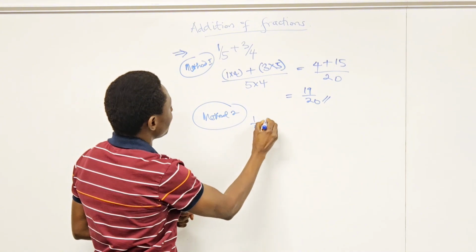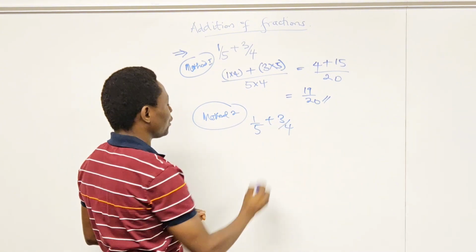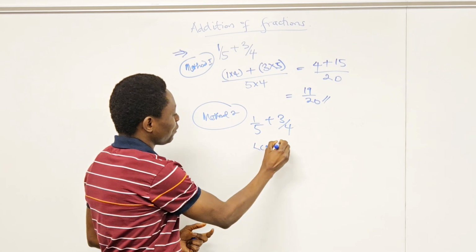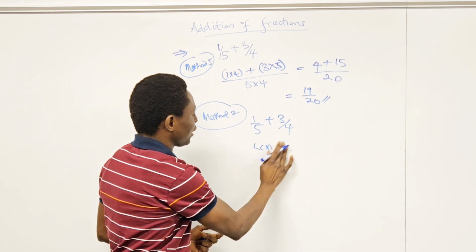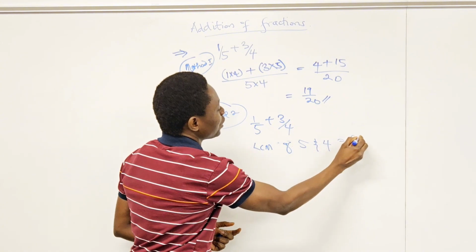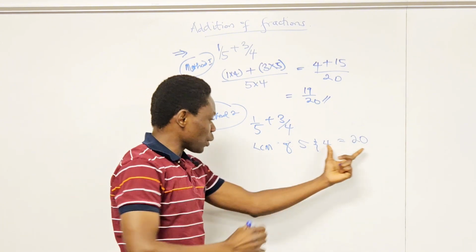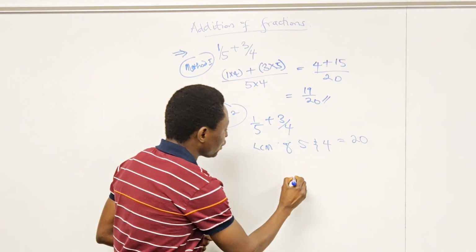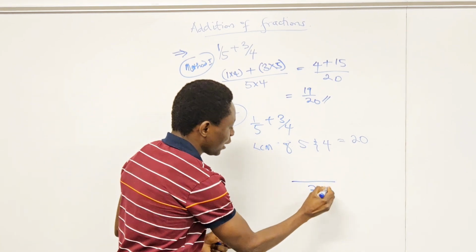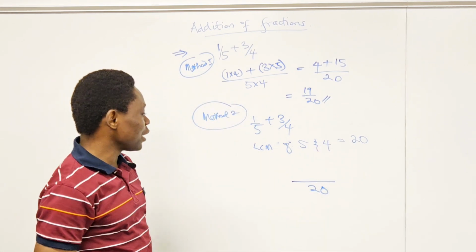We have 1 over 5 plus 3 over 4, right? We need to get the LCM of 5 and 4, which is 20, right? That 20, which is the LCM of 5 and 4, will form the denominator of our result. Okay, now how do we get the numerators?